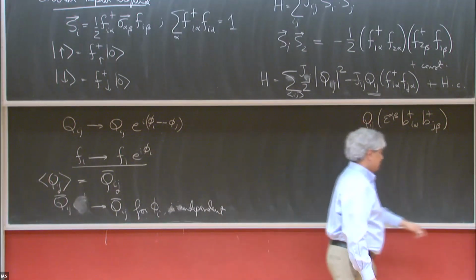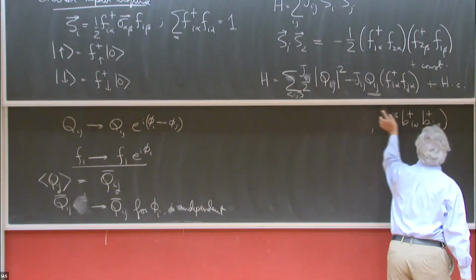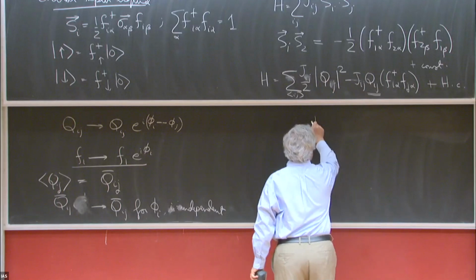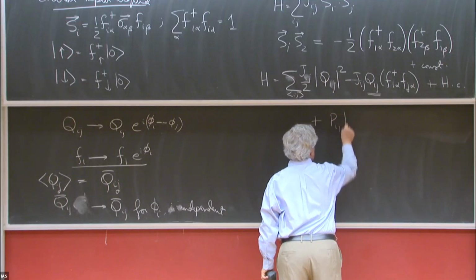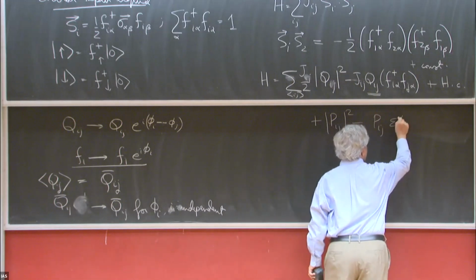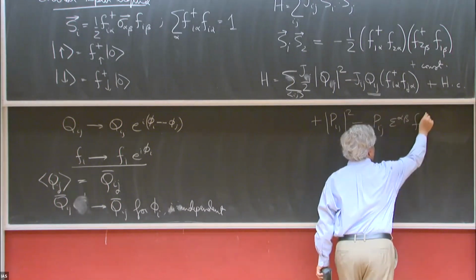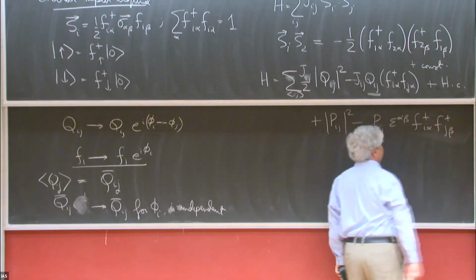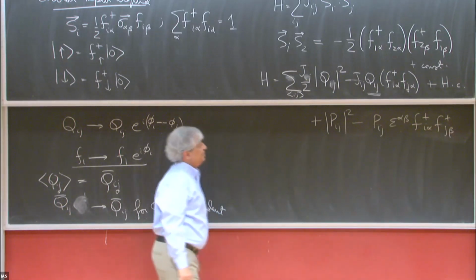So you could imagine that you add another term here. You can take the original interaction and you can also add a term like Pij squared minus Pij epsilon alpha beta f dagger alpha f dagger j beta. This is also something you can do.